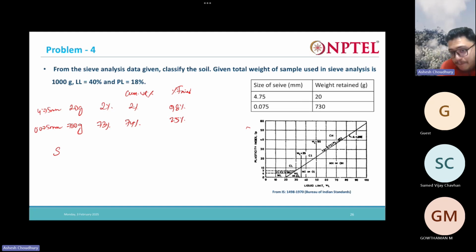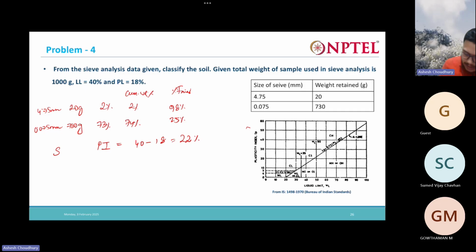Now, what is the plasticity index of the soil? Yeah, 22. 40 minus 18. Good. 40 minus 18. That is 22%.